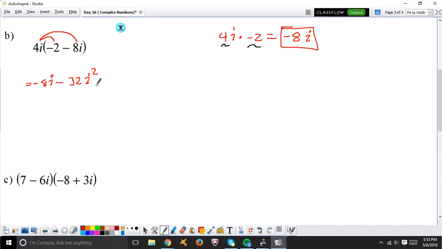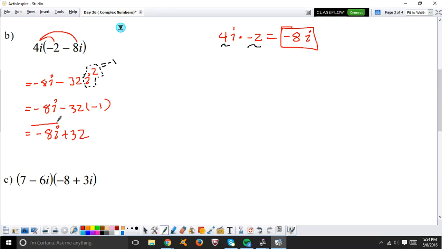All right, so we got here. But now again, notice here, you have an i to the second. And we got to remember that i to the second is equals to negative 1. So let's rewrite this as negative 8i minus 32 times negative 1. Okay, so now we have that this is equal to negative 8i, negative 32 times negative 1, so that's positive 32.